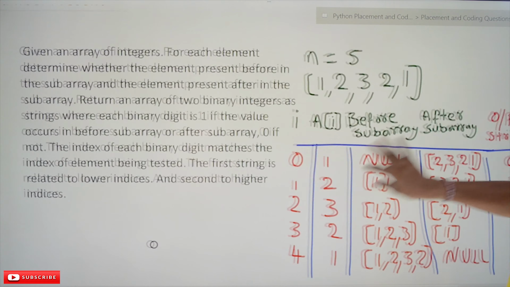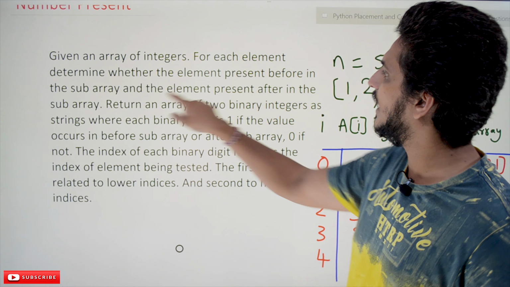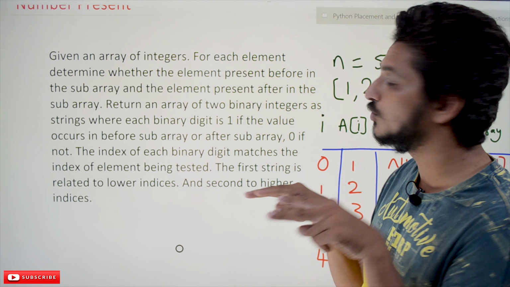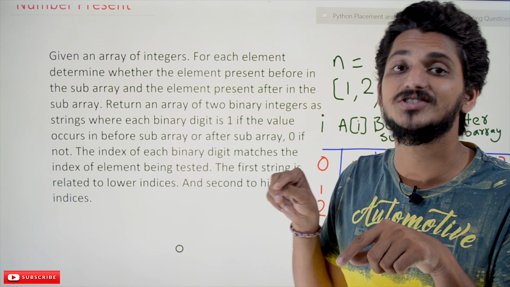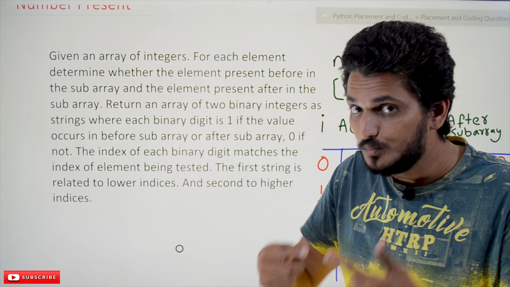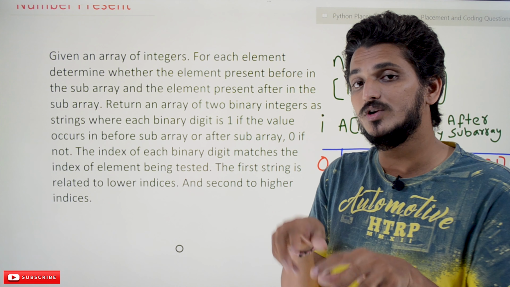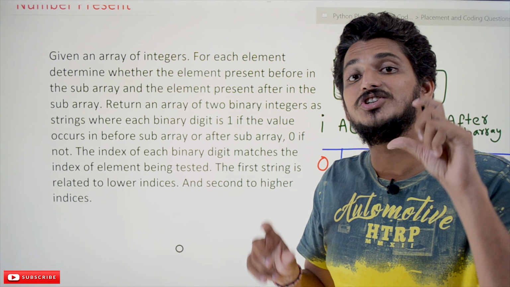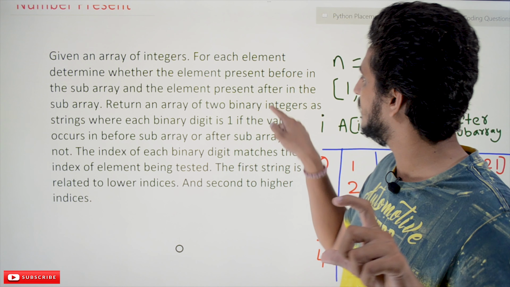And the next point is the subarray and the elements present after it in the subarray. Return an array of 2 binary integers as strings. So what's the output that we are going to display? We have to display an output of binary digits in string format. Don't forget that.